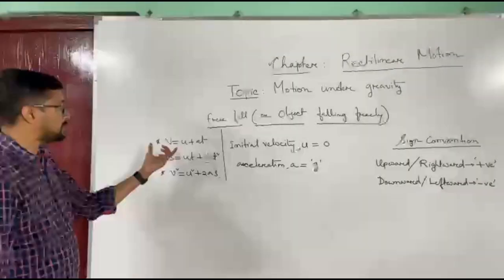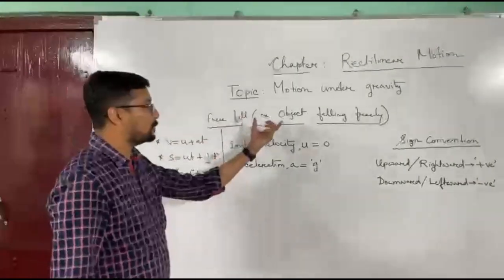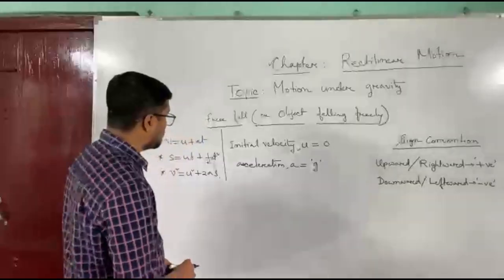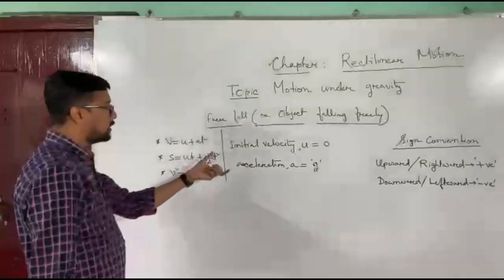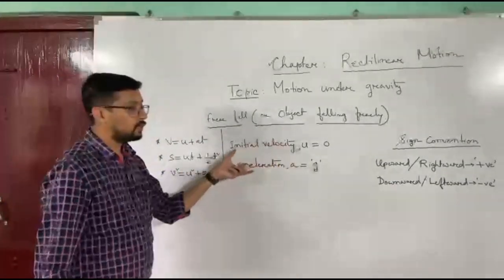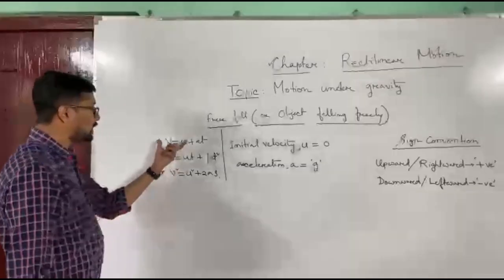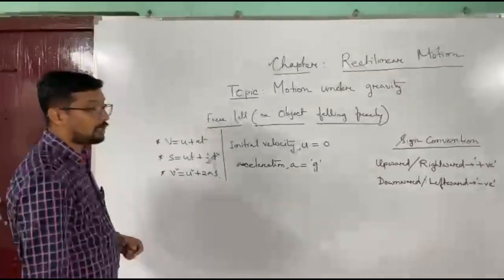Now when I rewrite these equations for an object which is falling freely, I am going to consider these two pieces of information in our equations of constant acceleration motion.